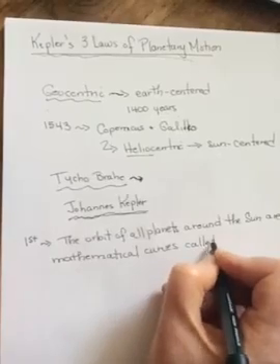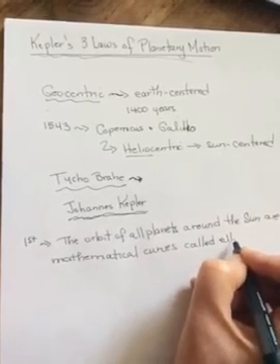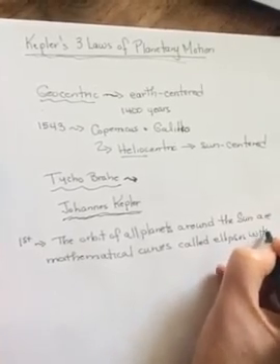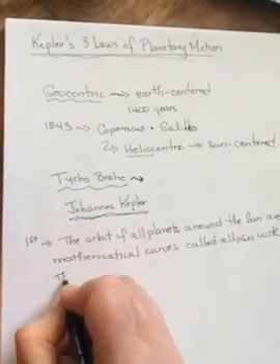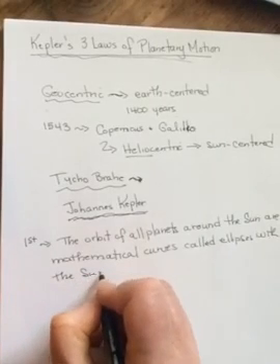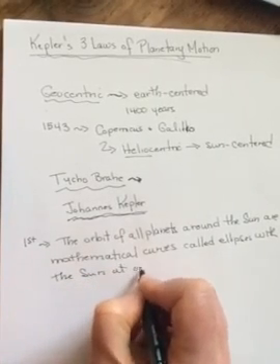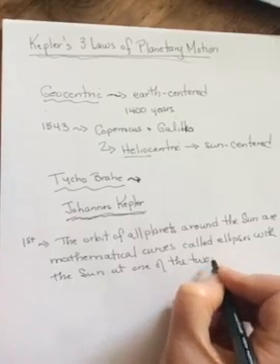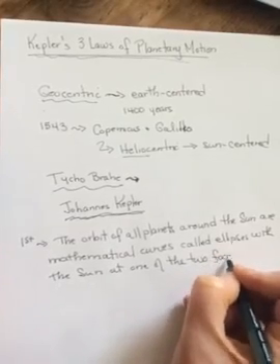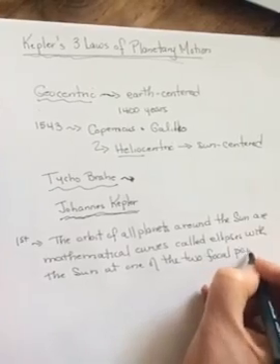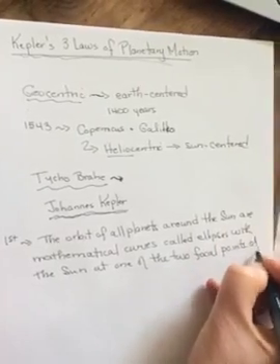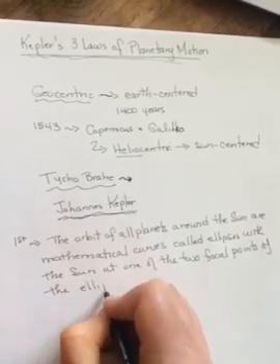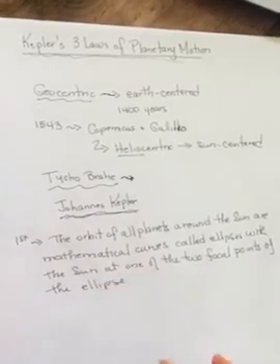I think you would have done ellipses in grade 11 math, maybe, with the sun at one of the two focal points of the ellipse.